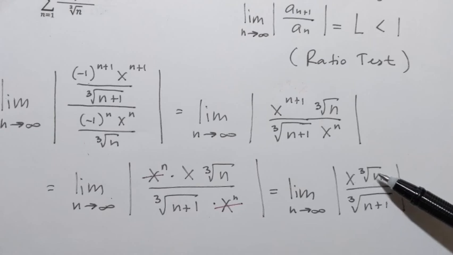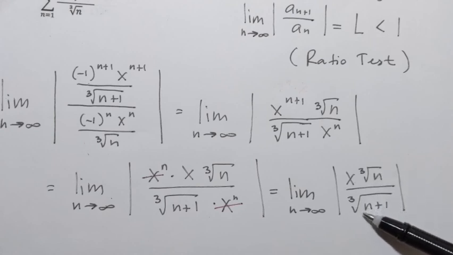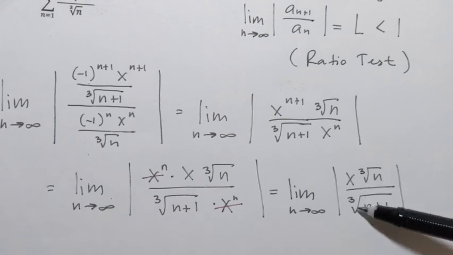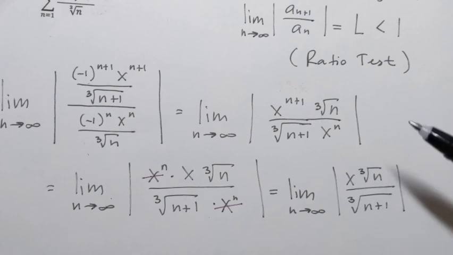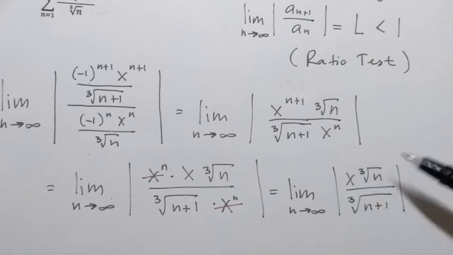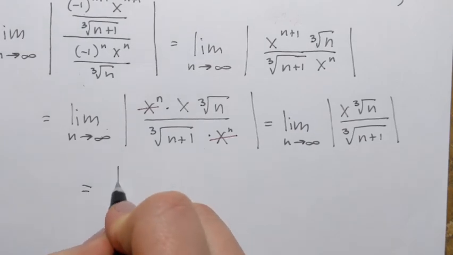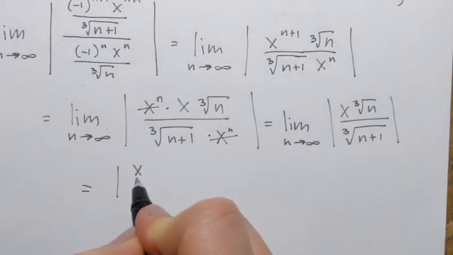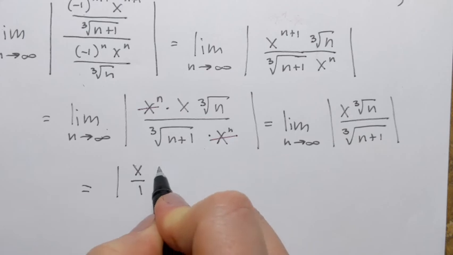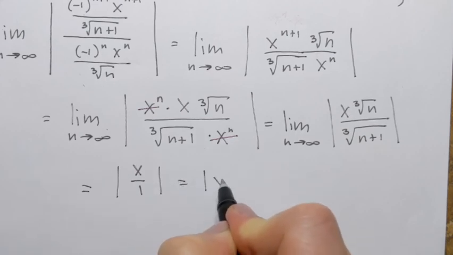So the highest power on the top is exactly the same as the highest power on the bottom. So when that happens, the limit is simply the ratio of the leading coefficients. Since we treat x as a constant, this limit as n approaches infinity equals x in the numerator and 1 in the denominator, so it's simply the absolute value of x.